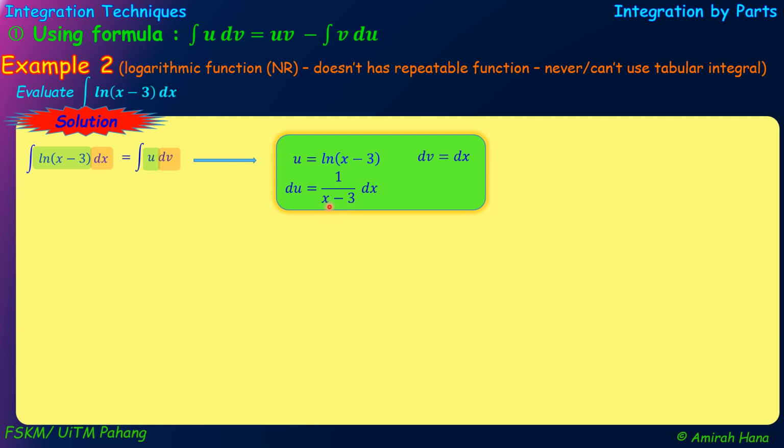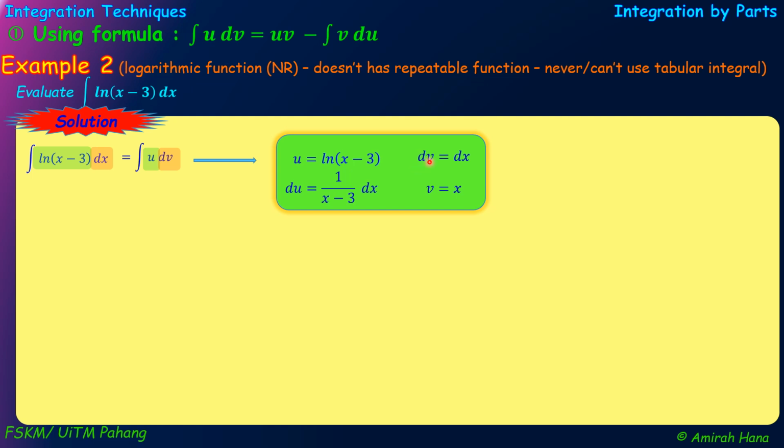Then the dx from the left-hand side we need to move to the right-hand side, so we have multiplication of dx here, because we need to write du as the subject to substitute into this formula. Then from dv, to find v, we need to integrate. When we integrate, we have v equals x.